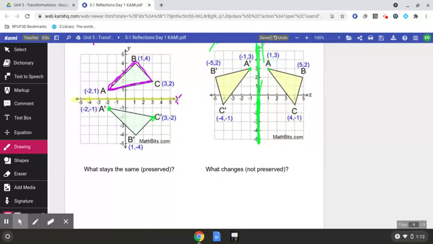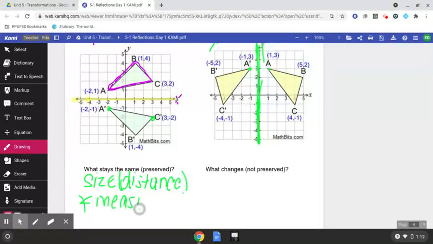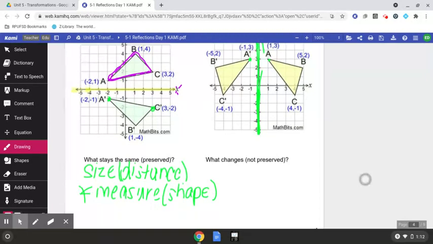So in these, what stays the same, meaning what doesn't change? The size of my shapes doesn't change. That's your distance. The distance between each point does not change. Your angle measure does not change. That's going to be your shape, because if I reduced or made an angle greater, it would change the whole shape of my figure.